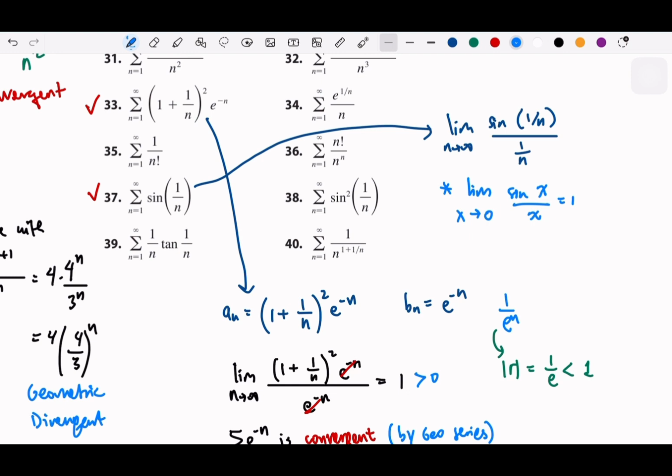So since this is the infinity, and if you can rewrite this and you can prove that this is actually the same, it will be equal to 1. And this also works. So we can know that since the 1 over n is divergent, this will also be divergent.